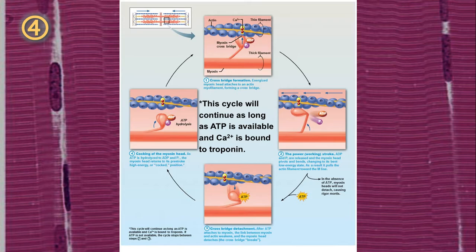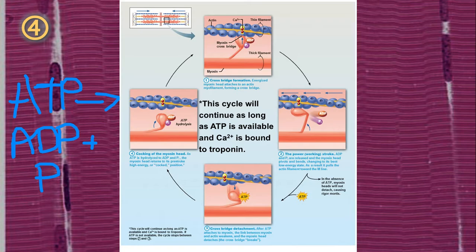So the ATP is going to split into the ADP and phosphate, and that's going to cause that myosin head to come back up to its normal place. And once it's back up to its normal place, it's going to then bind to the actin again. Then it releases ADP and phosphate, and it will bend and move the actin.